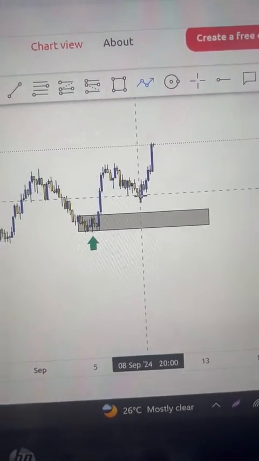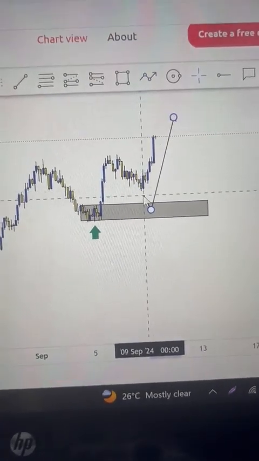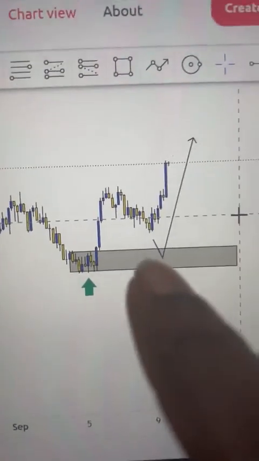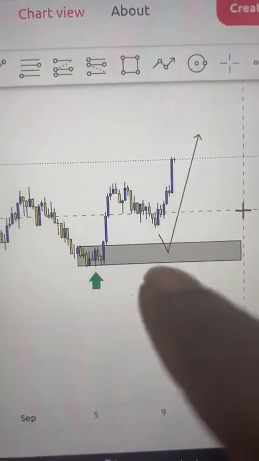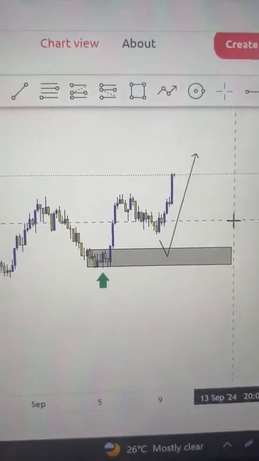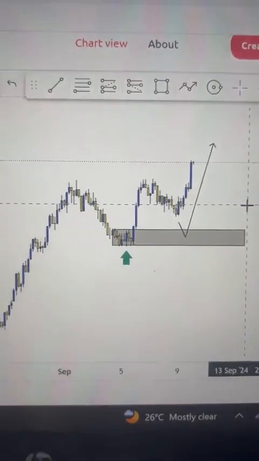Price was supposed to come down and tap into the demand zone before going up. But as you can see, it did not tap in, it went up. So the worst that can happen now is I will miss this trade. Missing a trade is better than losing a trade.